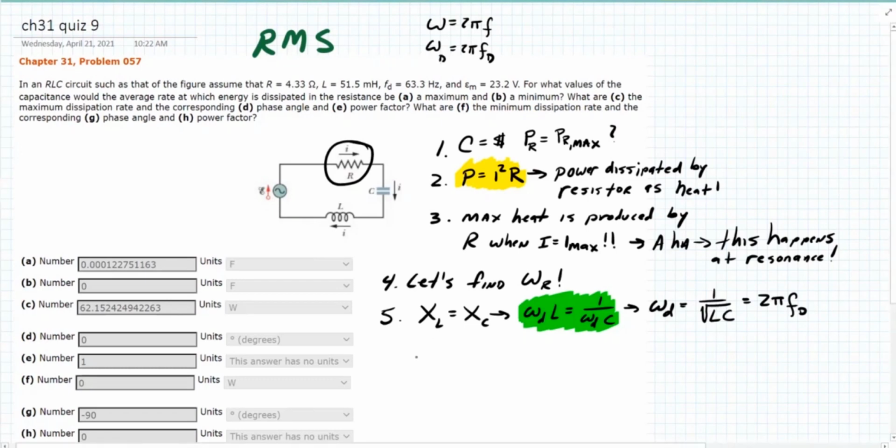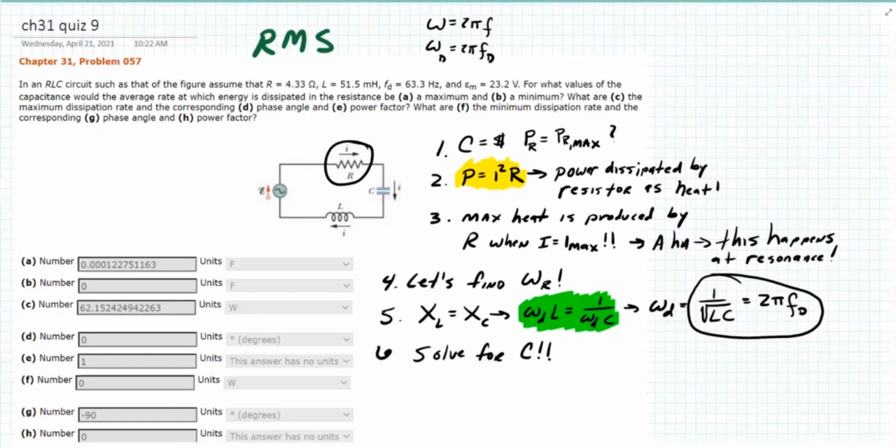So number 6. Let's solve for C. That's what we're being asked to do. If I know everything else, let me do a little sanity check before we go to the calculator.